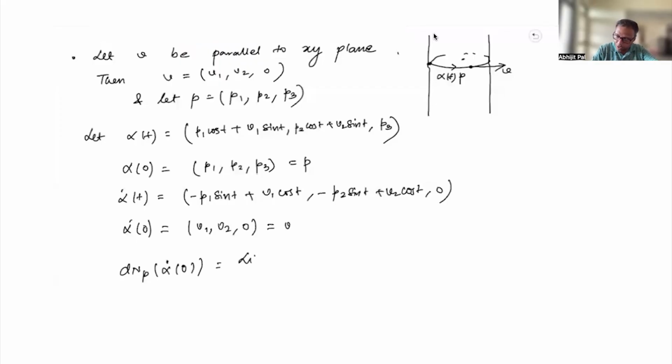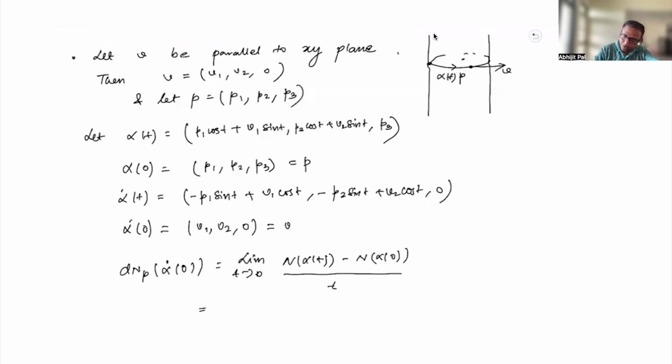So this will be equal to the limit as t tends to 0 of N(alpha(t)) minus N(alpha(0)), whole divided by t.